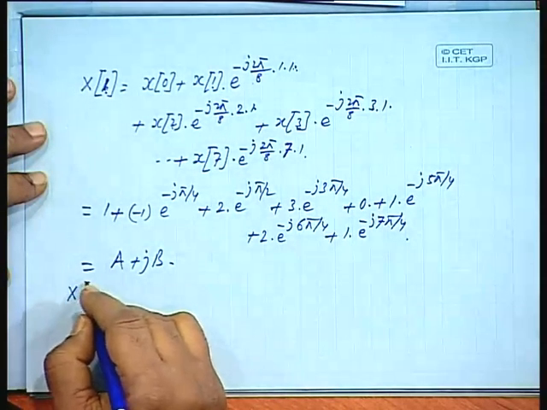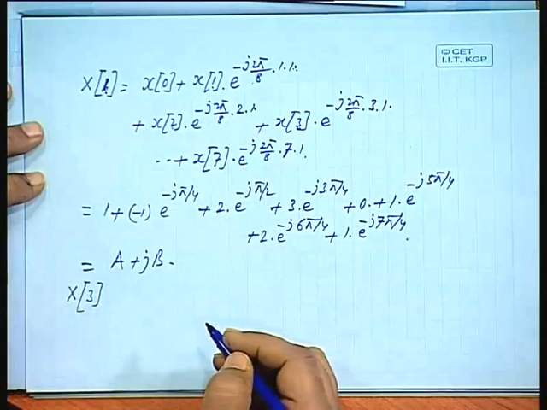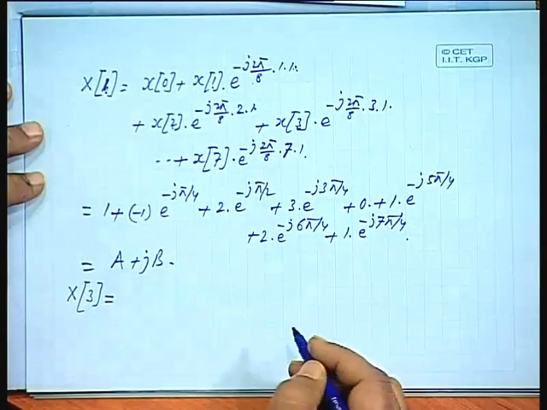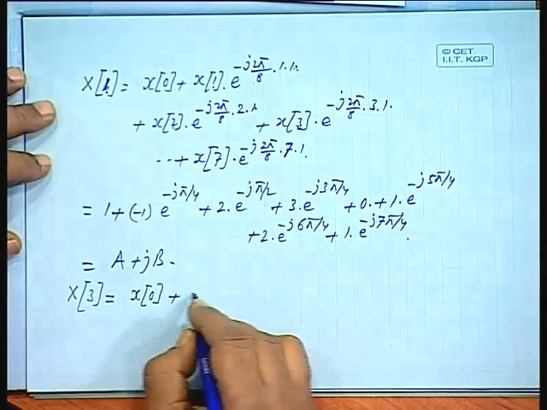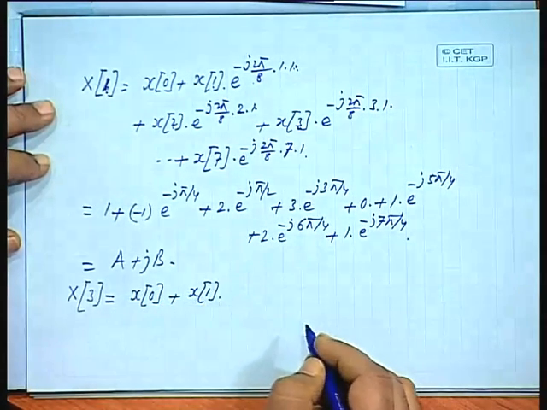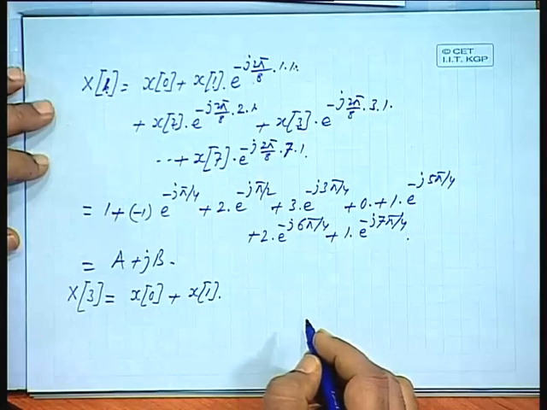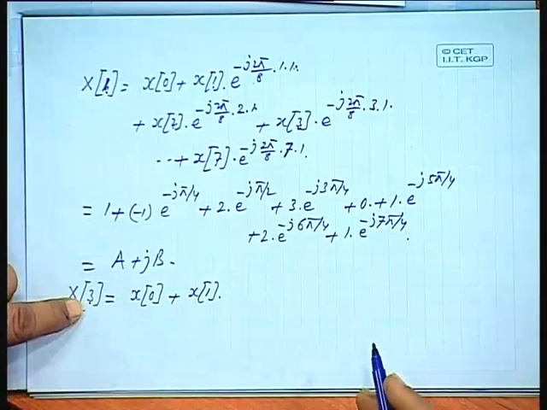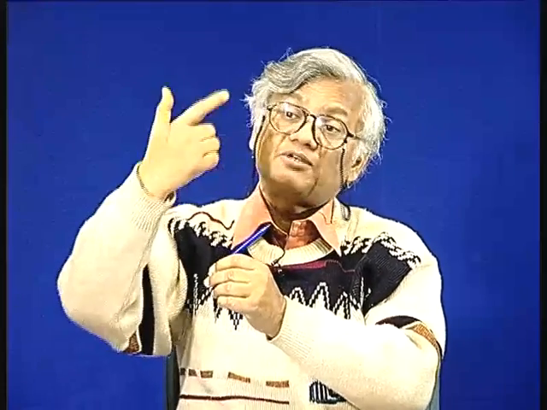If I go for, say, I want to compute X 3, what should I do? I am arbitrarily taking some value other than 1 to make my point clear. X 0 plus, what should be the multiplication of x 1? Now, the basic angle will be 3 times pi by 4, that is minus 45, minus 90 and then minus 135 degrees, okay. Minus 135 degrees should be the basic angle, and then multiples of minus 135 degrees.